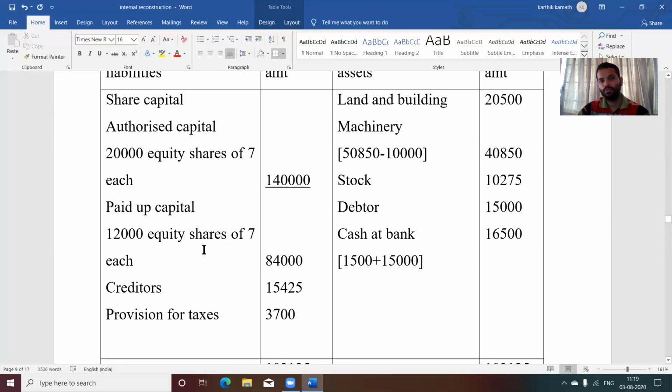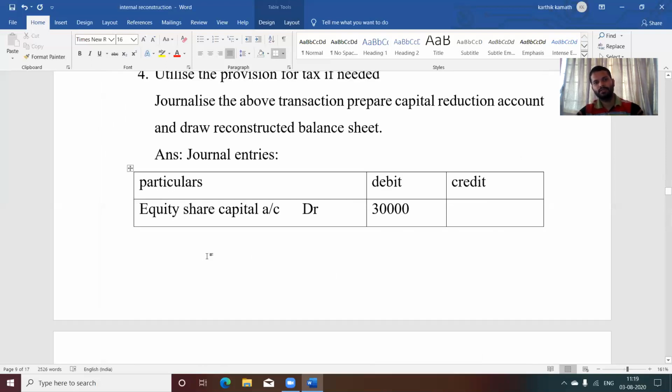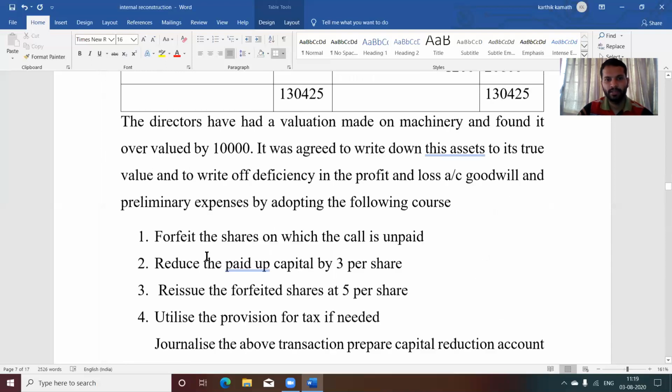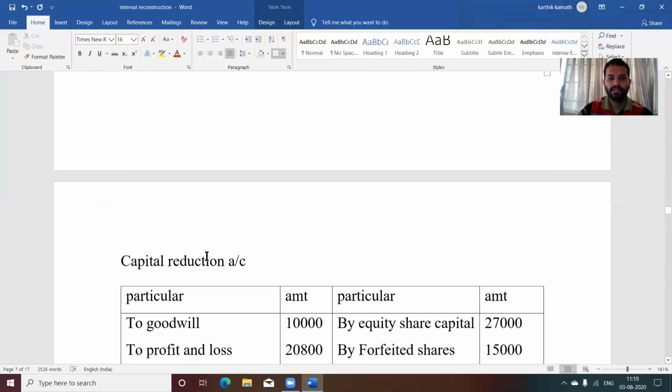Paid up capital is 12,000 equity shares. That is also given on the liability side of the balance sheet. Of 7 each. Only the paid up amount we are going to write, that is 12,000 into 7, that is 84,000. Creditors is also mentioned on the liability side, 15,425. Then what about provision for taxes?